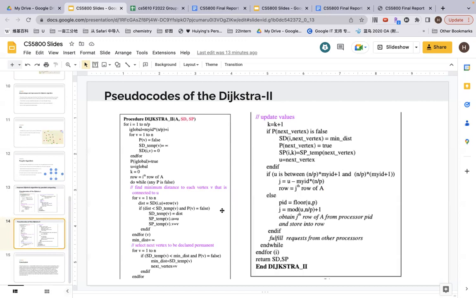Each processor was responsible for finding the shortest path for the sources corresponding to their assigned rows, and each processor generated a portion of the SD and SP matrices for these rows. The pseudocode for this implementation is as shown here.